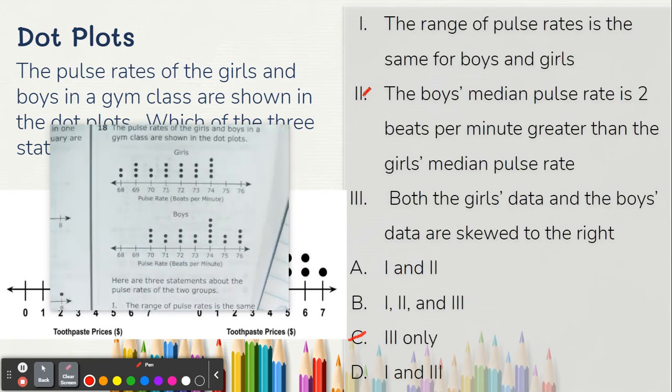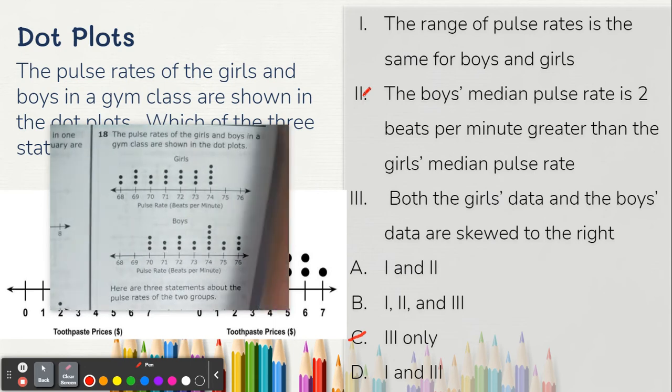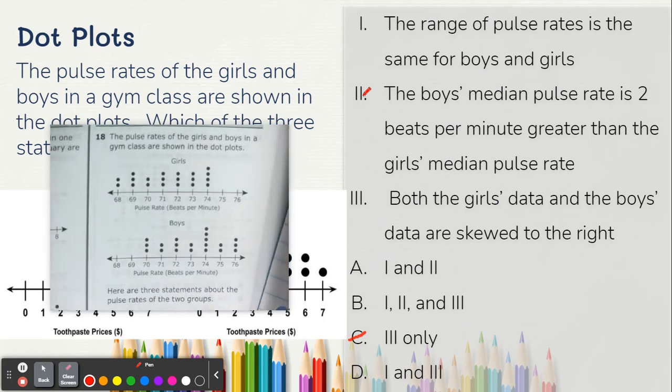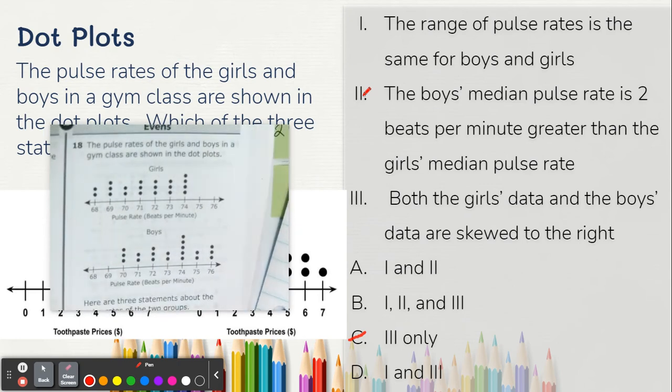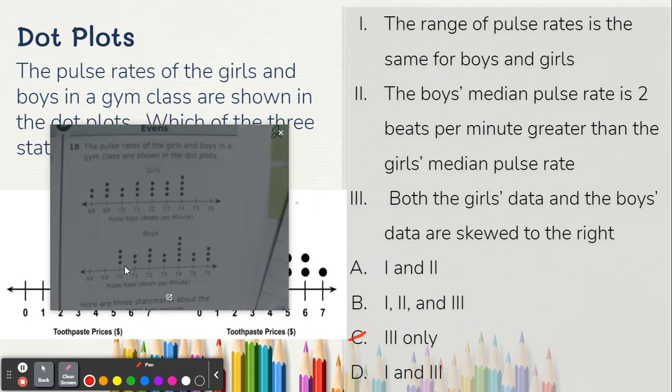The boys' median pulse rate is 2 beats per minute greater than the girls' median pulse rate. Okay, let me freeze this for you. So if we're looking at the median pulse rate for boys, we're going to count off our dot plots. 1, 2, 3, 1, 2, 3, 1, 2, 1, 2, 1, 2, 3, 1, 2, 3, and then we have 2 for each of these.